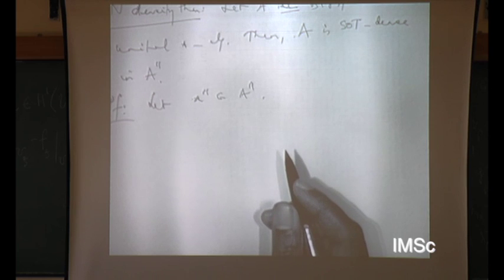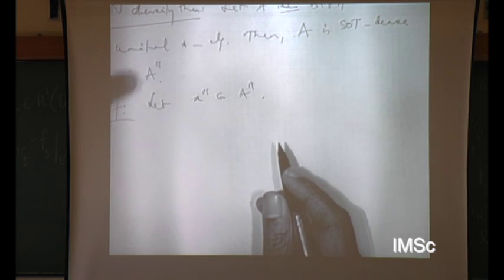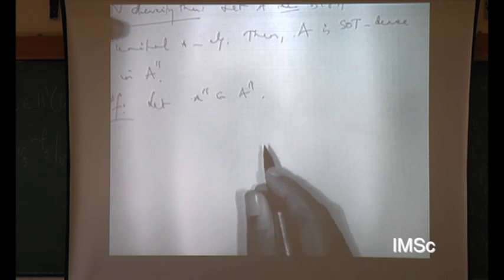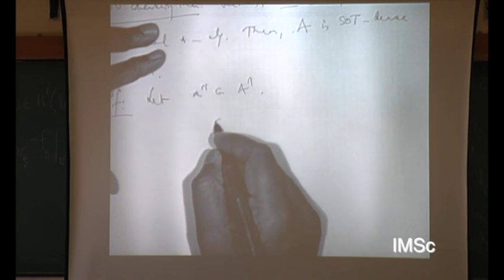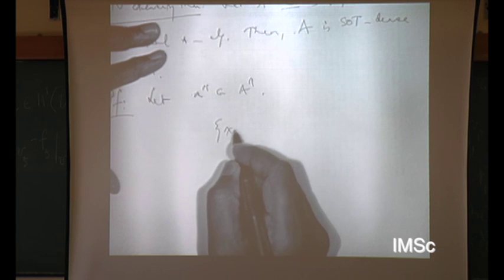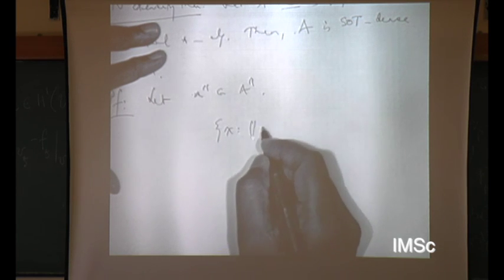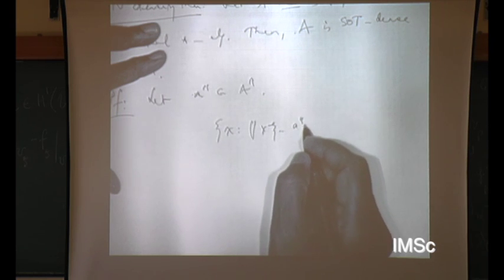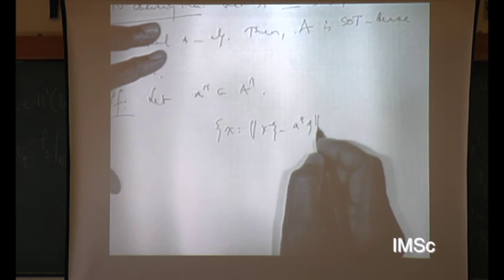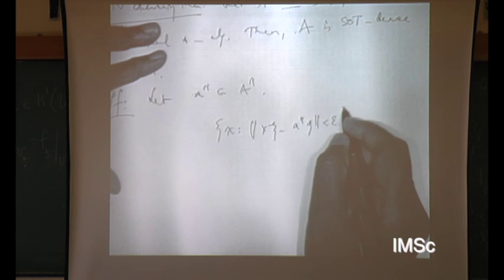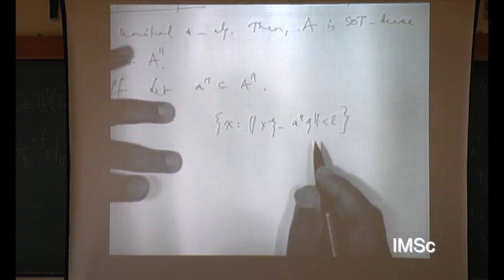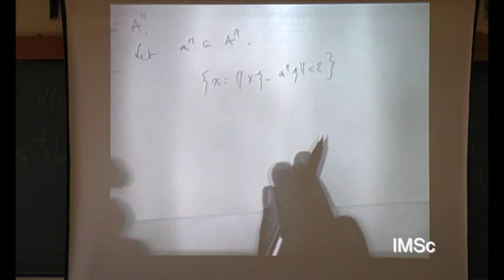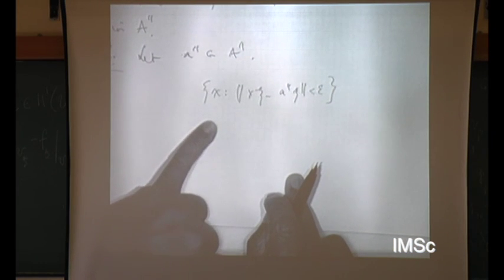You look at the p xi epsilon ball around A double prime. There is all those x such that norm of xi minus A double prime xi less than epsilon. So for some epsilon and for some xi in H, this will be a subbasic neighborhood of A double prime.